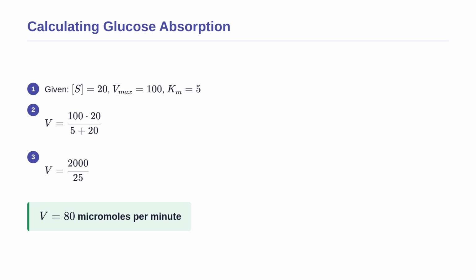We plug our values into the numerator, multiplying 100 by 20 to get 2,000. In the denominator, we add 5 and 20 to get 25. Dividing these gives us 80. Physically, this means the transporters are working at 80% of their absolute maximum capacity, rapidly pulling energy into the blood.